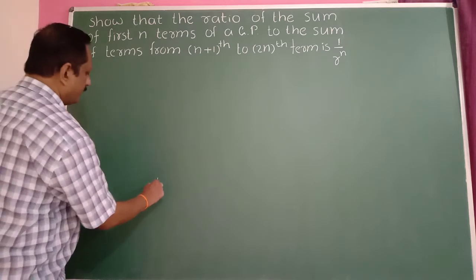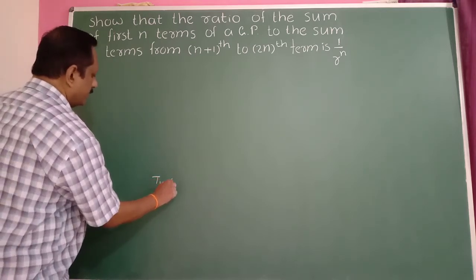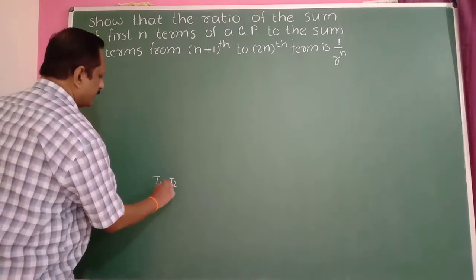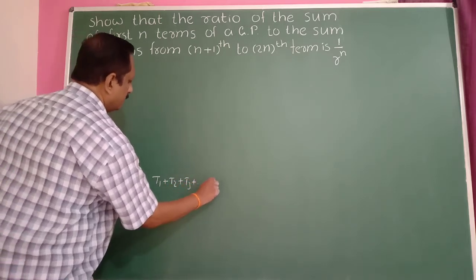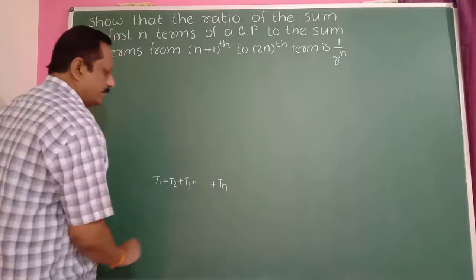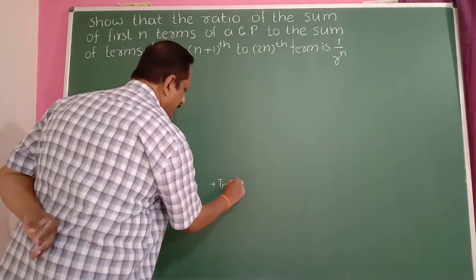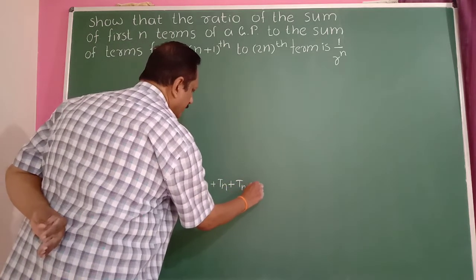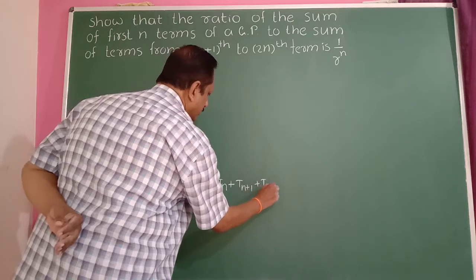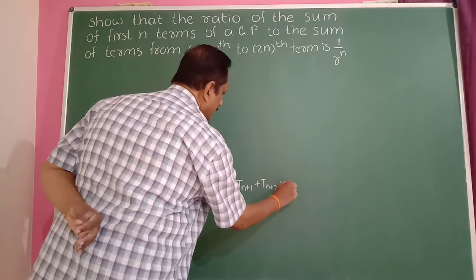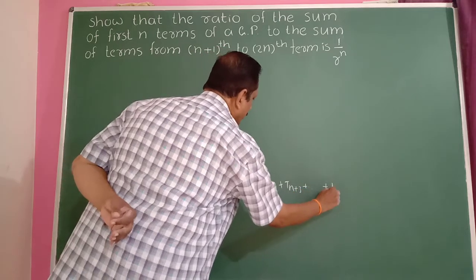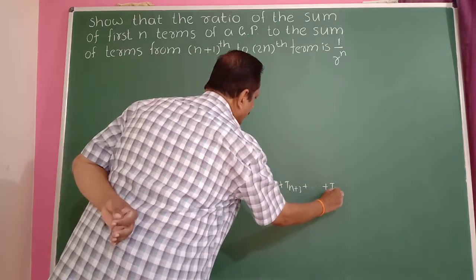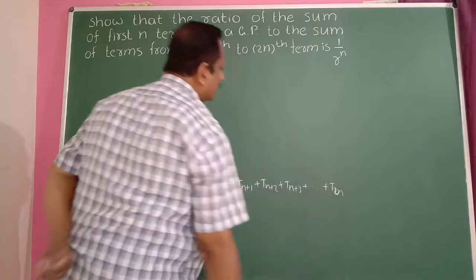Here T1 is the first term, T2 is the second term, T3 is the third term, and so on. Then this is the nth term, then the n plus 1th term, the n plus 2th term, the n plus 3th term, and so on, up to the 2nth term.